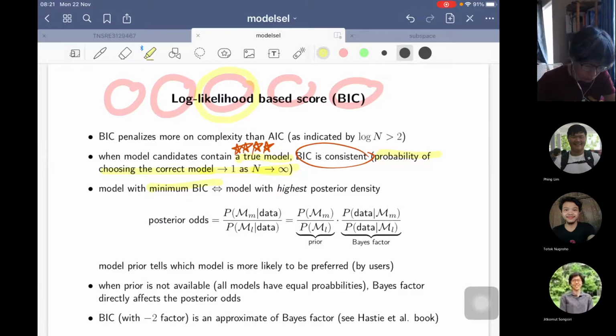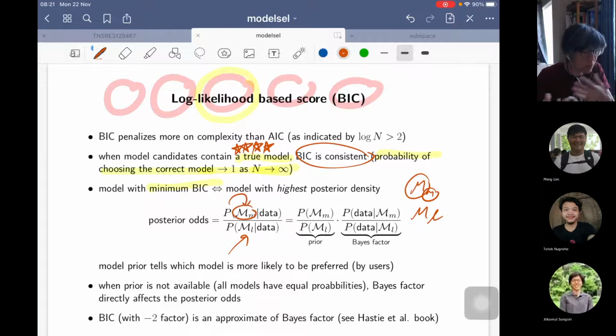So now let's take a look at this term. Suppose you have two models. I use this subscript M, where M is a model and the subscript is just the name, just the index. Take a look at this quotient. This is the probability of the model, which is basically the same as the likelihood.